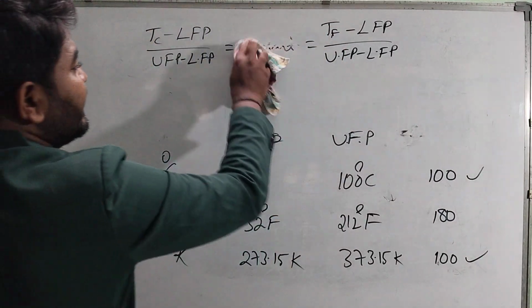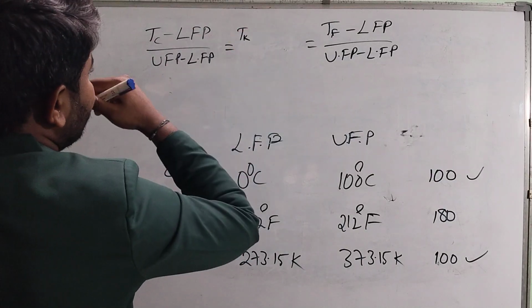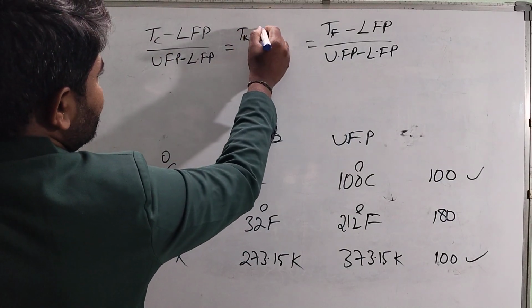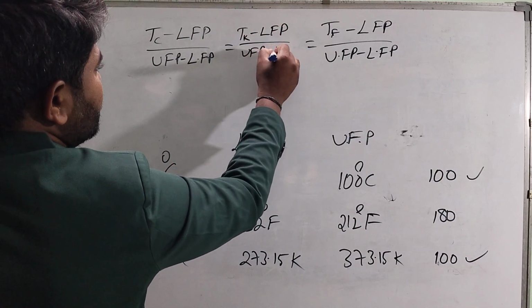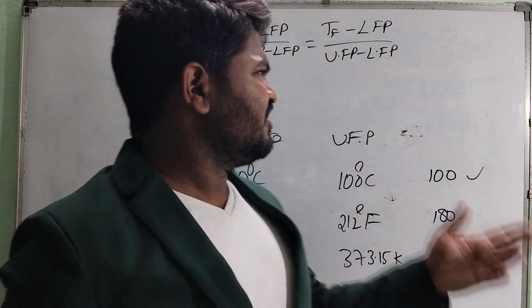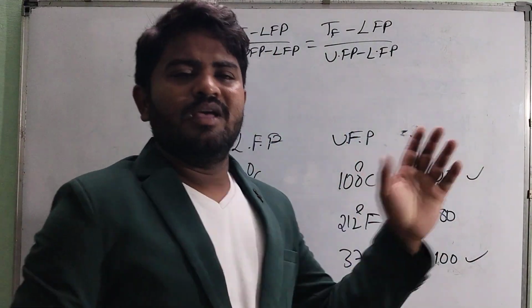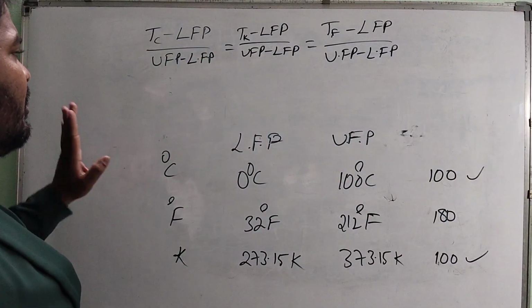You can convert into Kelvin also. In Kelvin, it will be temperature in Kelvin Tk minus lower fixed point, divided by upper fixed point minus lower fixed point, right? By using this formula, you can use it in the Reamur scale also. You have learned this already, I hope. So this is the formula that we have to use.